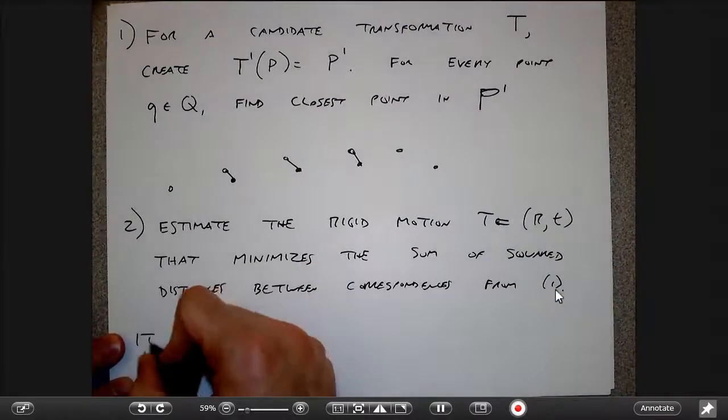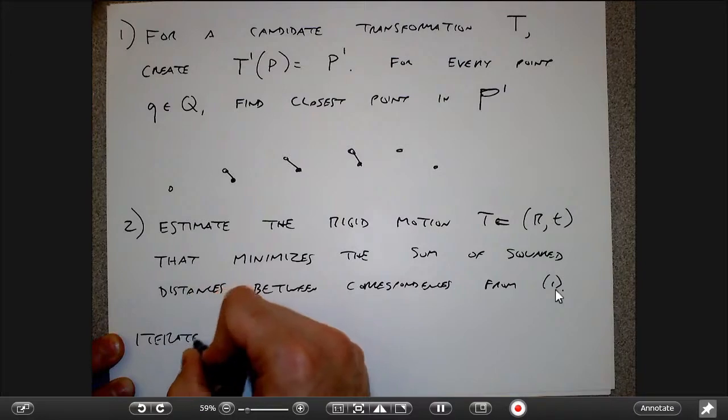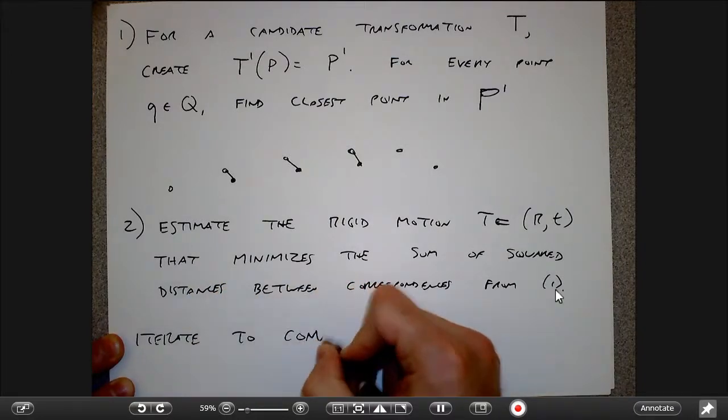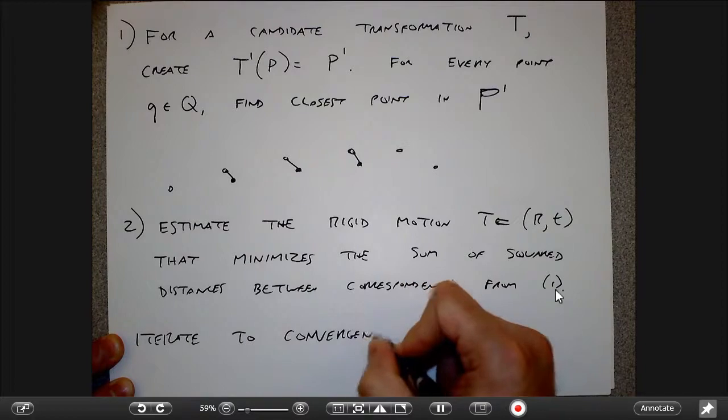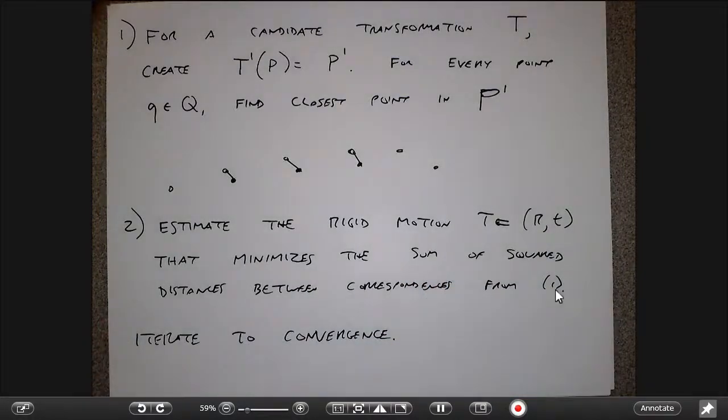And then I iterate until convergence. And this actually seems to work pretty well.